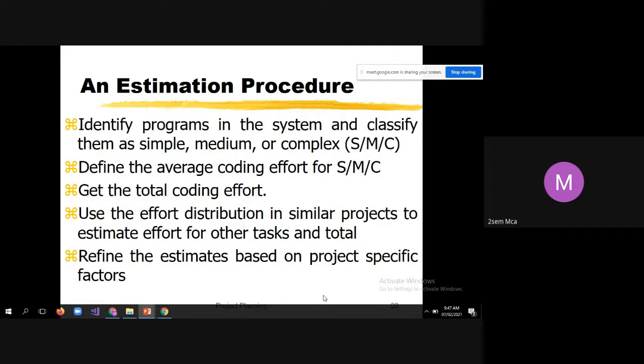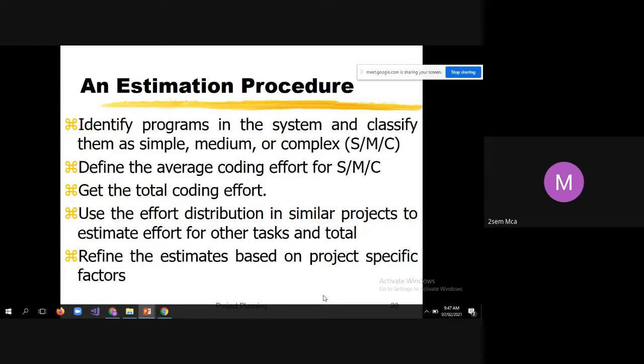Then what is the effort estimation procedure? Identify programs in the system and classify them as simple, medium, and complex. S means simple, M is medium, and C is complex. Define the average coding effort for S, M, and C. That is, what is the effort required to write a simple program, what is the effort required to write a medium complexity program, and what is the effort required to write a very complex program?